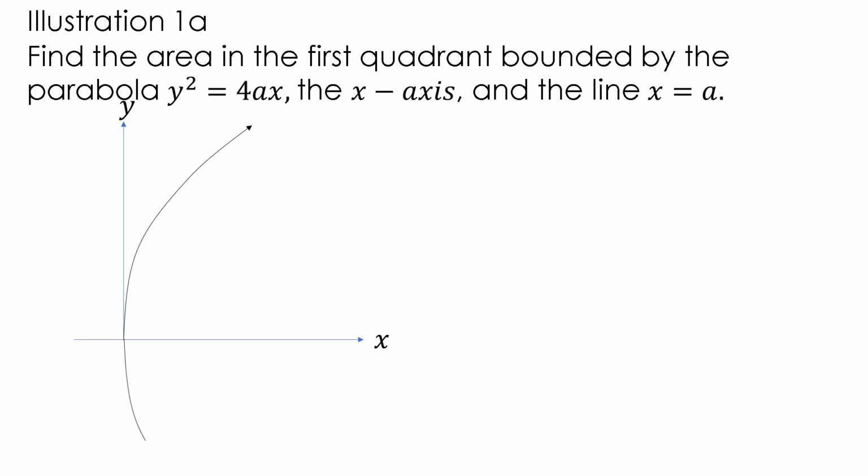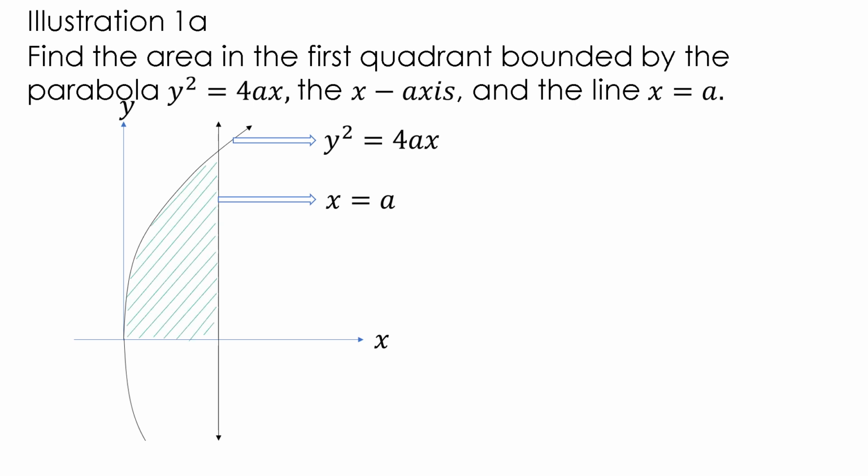The line x is equal to a is a vertical line. We wanted to solve the area bounded by this parabola, the line x is equal to a, and the x-axis. We can use a vertical element whose width is dx and whose length is y.